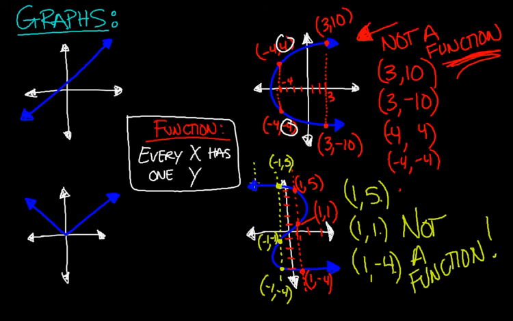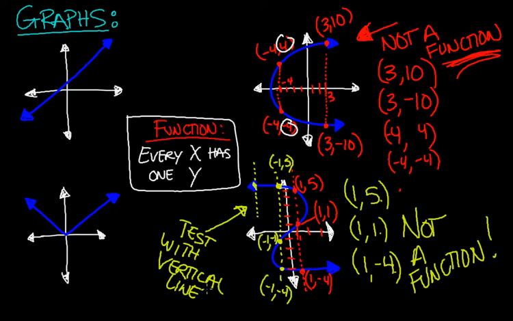Yeah, I could draw the line way over here on the edge and only hit one place, but the point is I could draw a line down the middle and hit more than one place. So that's a way of testing to see if it's a function. If a vertical line hits it more than once, it is not a function.